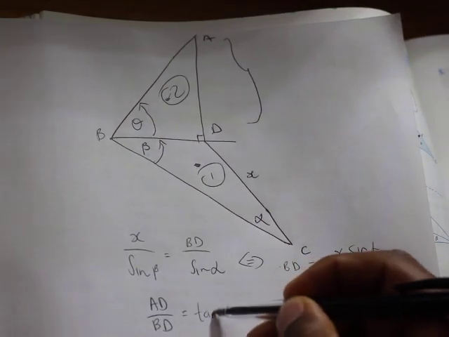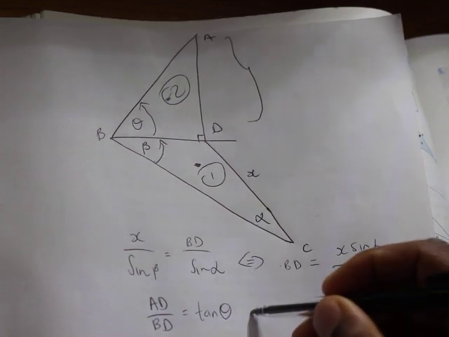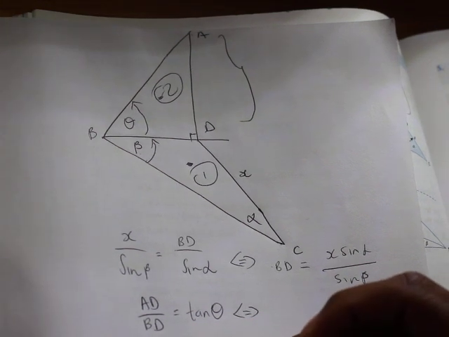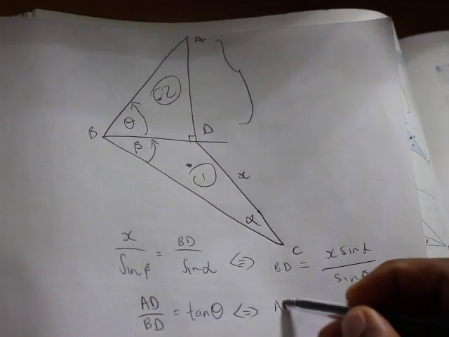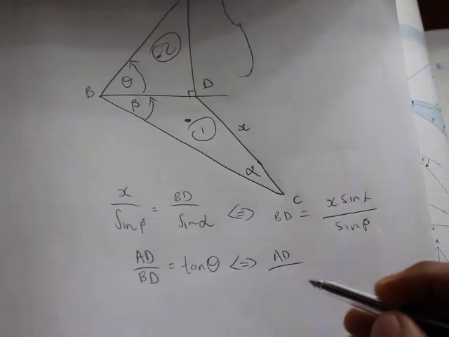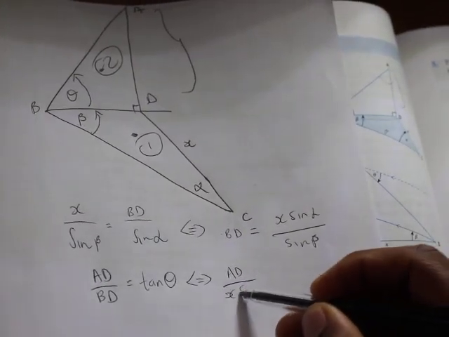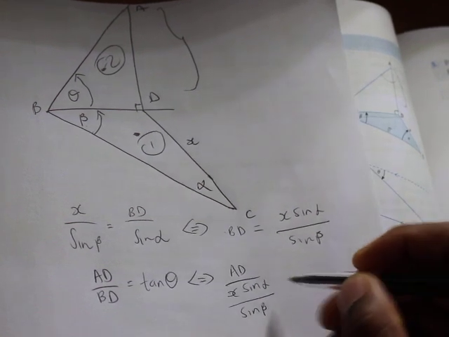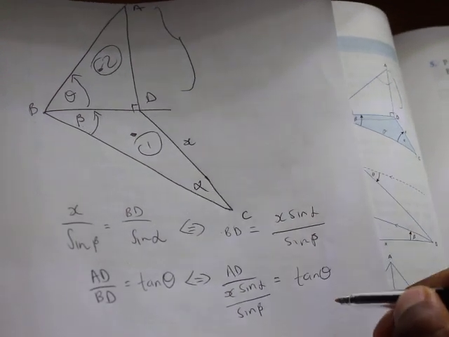That is just the tangent of the angle theta. And we already know what BD is. So AD over BD, which is the whole of that. We're just going to plug in the whole of that: x sine alpha over sine beta, which is equal to tan theta.